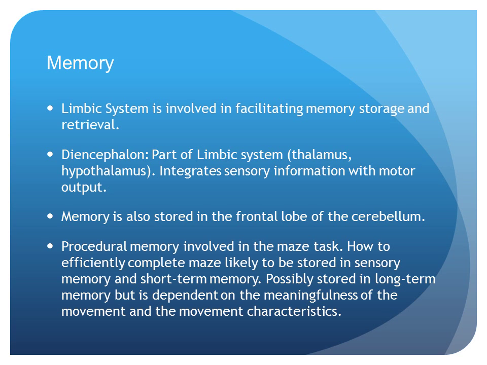Part of the limbic system is the diencephalon, and it's a system that integrates sensory information with motor output and is able to use memory as a reference. And the type of memory we used in the maze task is procedural memory, and it's the memory of how to do something. As a participant completed each trial, characteristics of the maze were stored and used for the next trial.